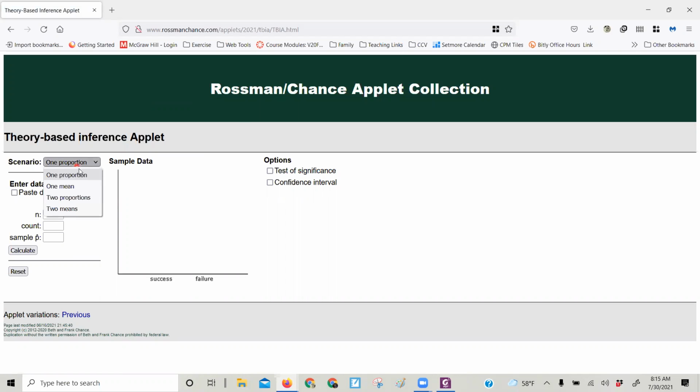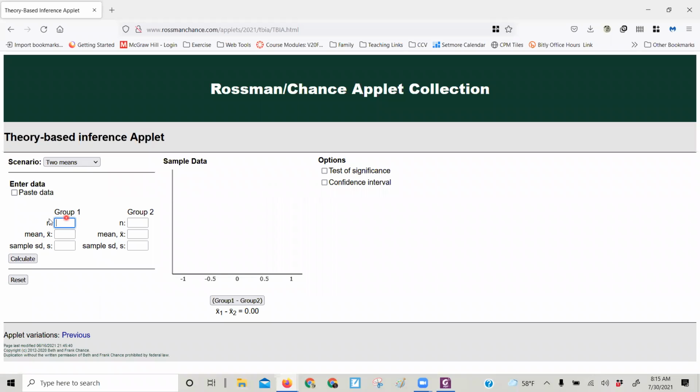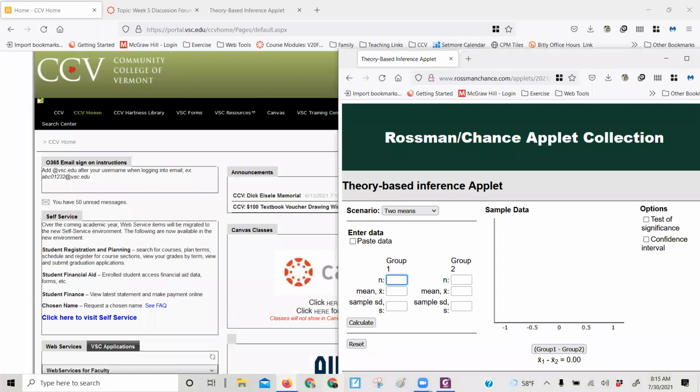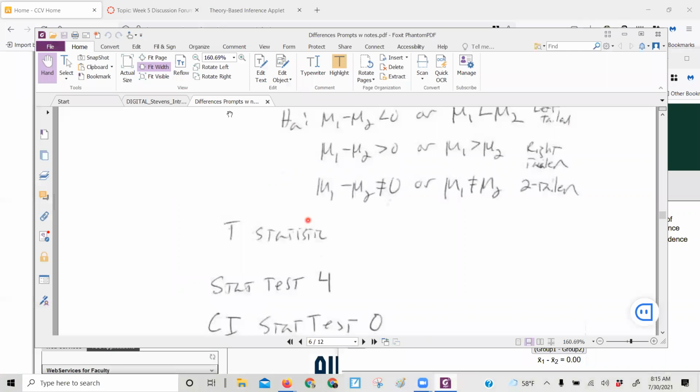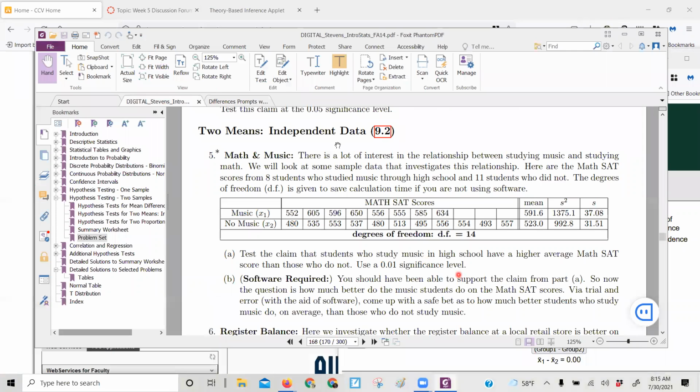And I know H0 and H1. So I'm going to go in Rossman Chance. I'm going to two means because I have two independent means. And then I can do the groups. The way I'm doing this is group 1 is the music people and group 2 is the no music people. So I've got to slide this off to one side so I can see the problem in the book. Let's see, here we go.